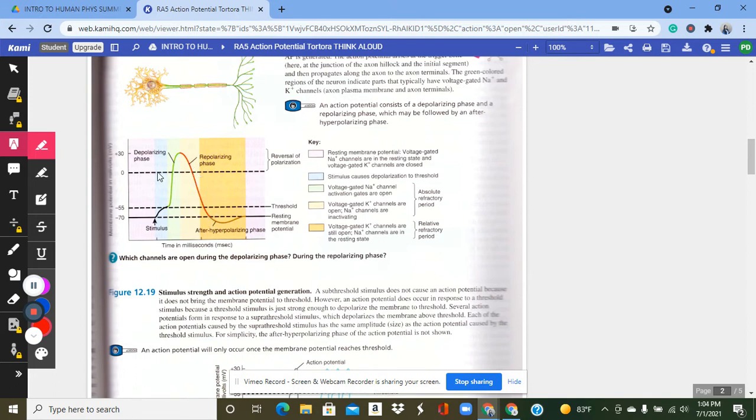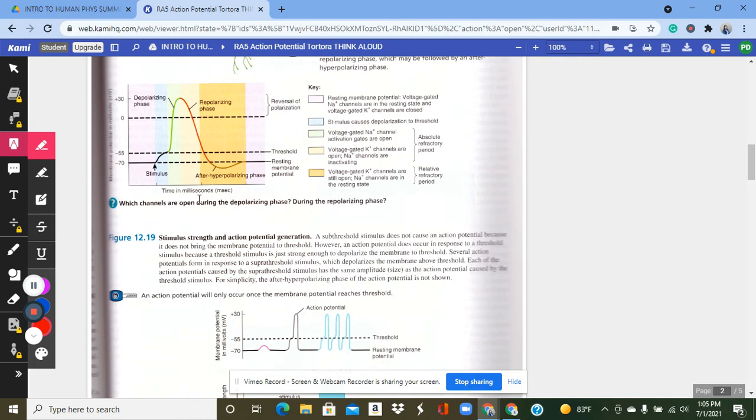So if this is the absolute refractory period, then this should be the relative refractory period, in which the voltage-gated potassium channels are still open, but the sodium channels are in a resting state. Okay. Stimulus. Okay, so yeah, got this. The graph and the key here are pretty self-explanatory. So yeah, let's just move on.